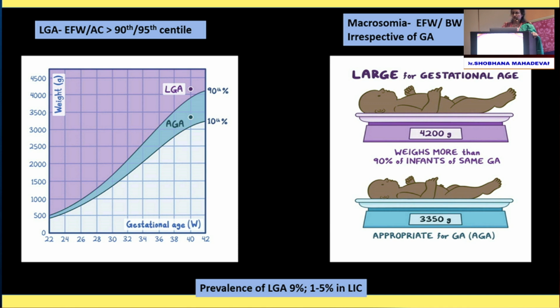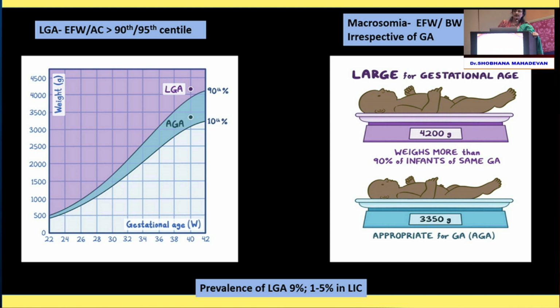In contrast to this, a macrosomic fetus or macrosomic baby is defined as one whose estimated weight or birth weight is above 4 or 4.5 kilograms, irrespective of the gestational age. If you look at some of the studies conducted in low-income countries, including the Cochrane Review, they use a cutoff of 4 kilos instead of 4.5 kilos.